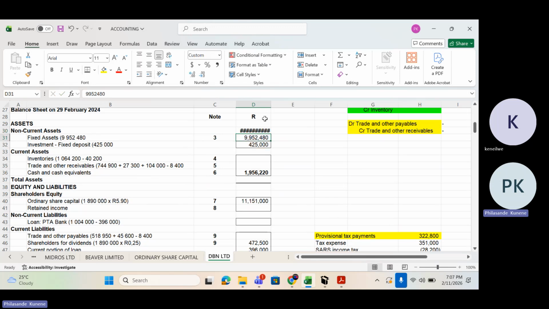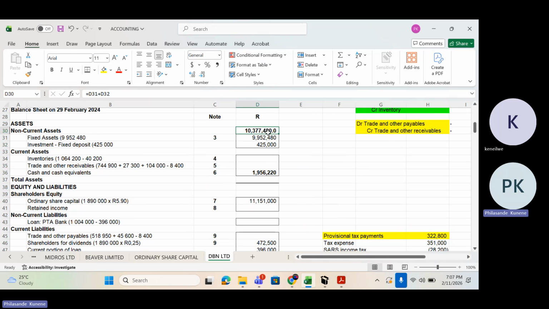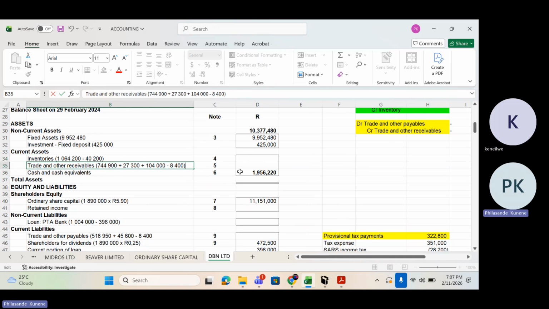This is going to be my total asset, which is going to give me 10,377,480, and then I need to close my inventory. I need to close my trade and other receivables, and then get my totals.